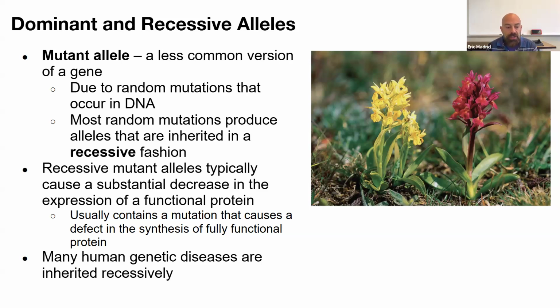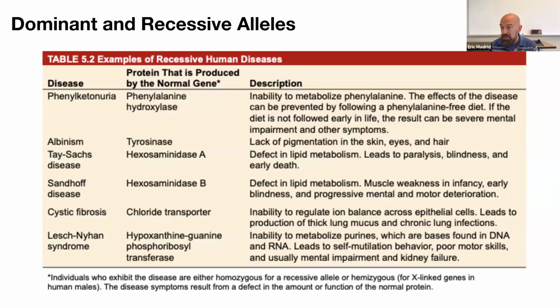But in general, if they're recessive, usually that's going to do something bad to the functional protein. In some way, it's going to either be expressed less, or the version that is expressed is a less good version of that protein. And so oftentimes, whatever is not dominant is something that is less adaptive.